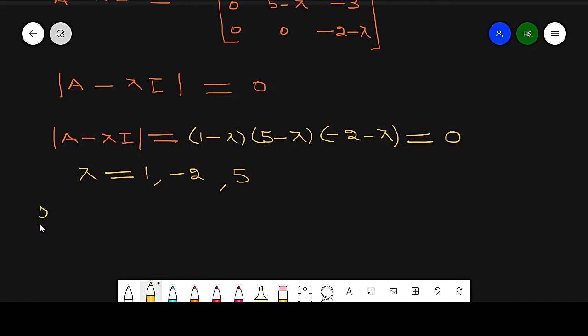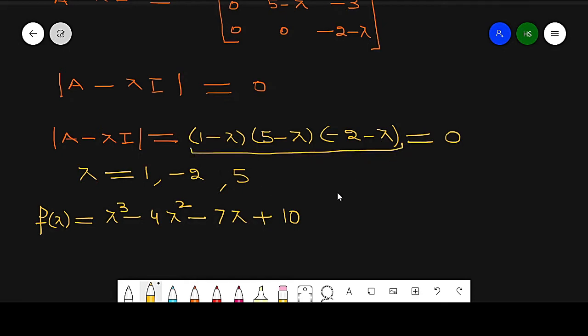If f of lambda, simplifying this product, will become λ³ - 4λ² - 7λ + 10.